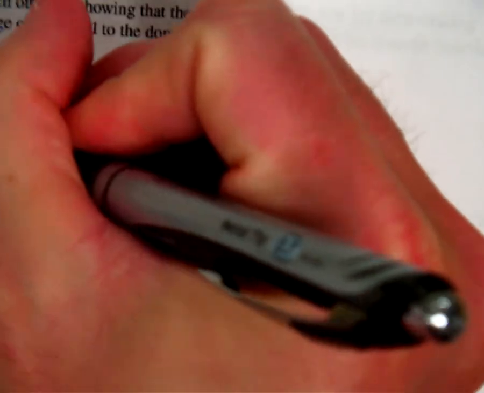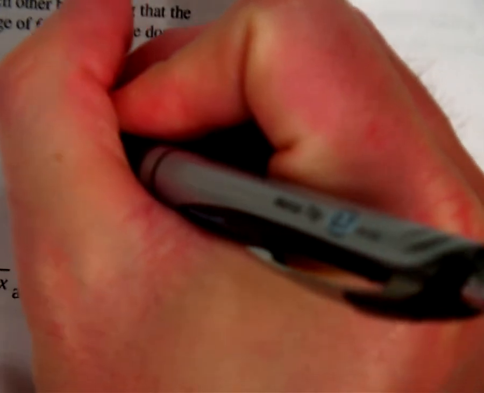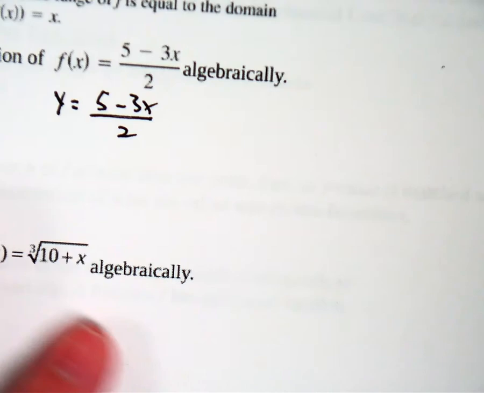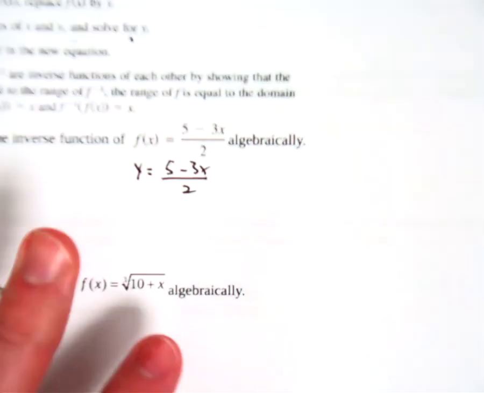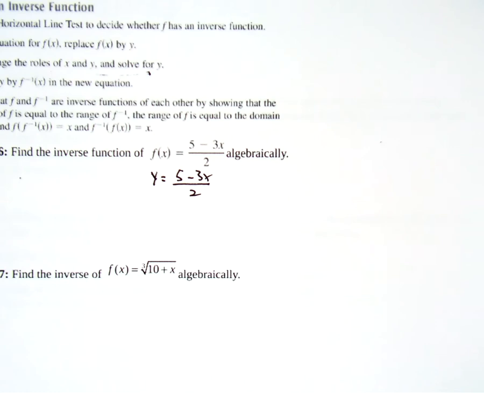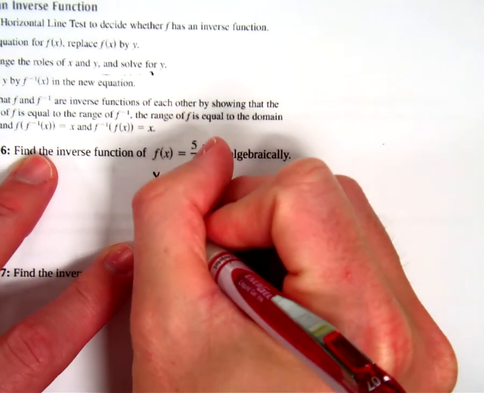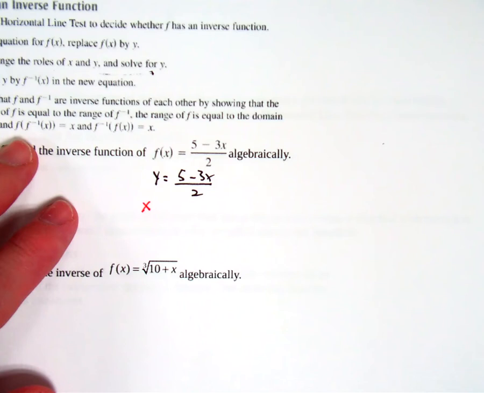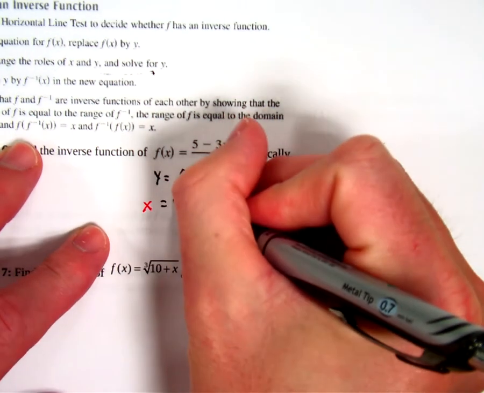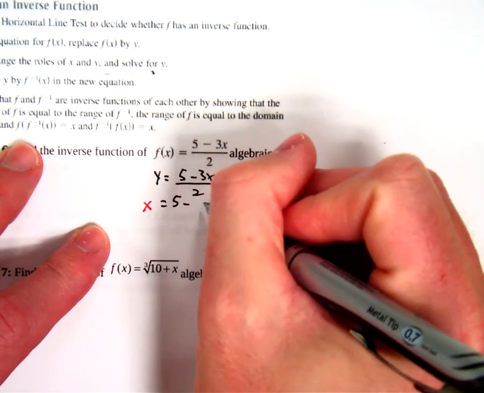All right, next. y equals 5 minus 3x all over 2. Zoom out a little bit so we can see my work. Next step. Trade your x and y. Put x over here. A little close together. Poor choice.